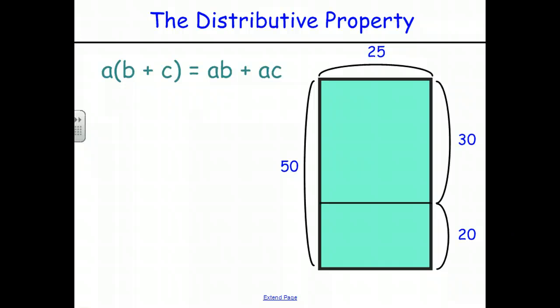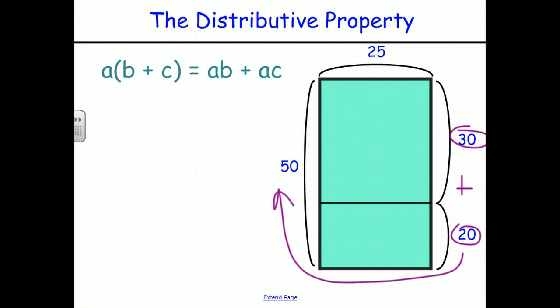What does this have to do with our swimming pool analogy? Well, we have to find two lengths that add up to another length. And in this case, our two small lengths of the pool add up to our larger length.